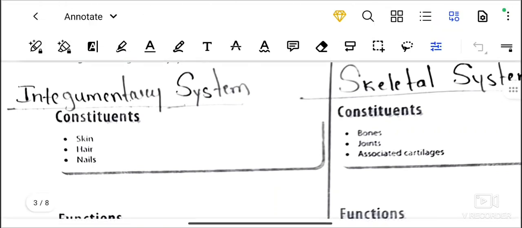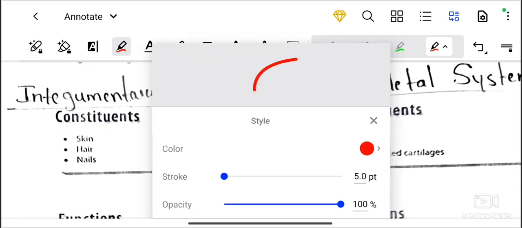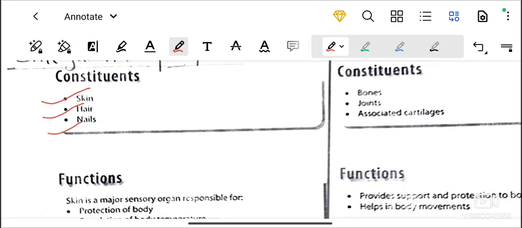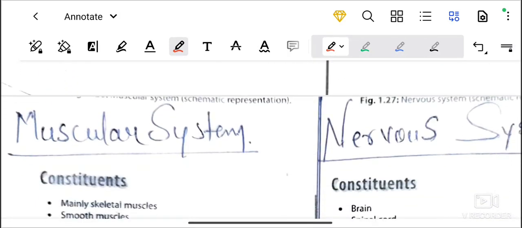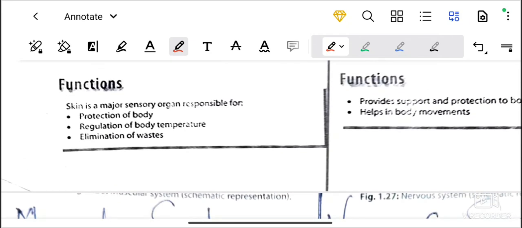Skin, hair and nails. Now I will explain the functions.